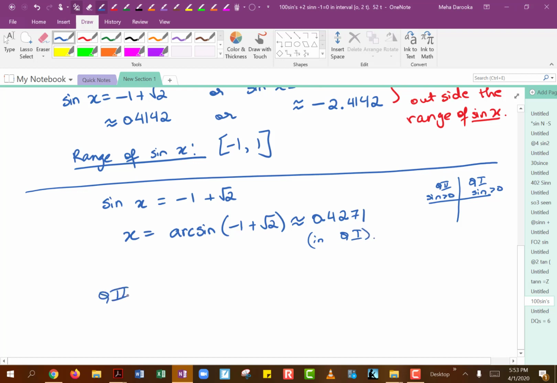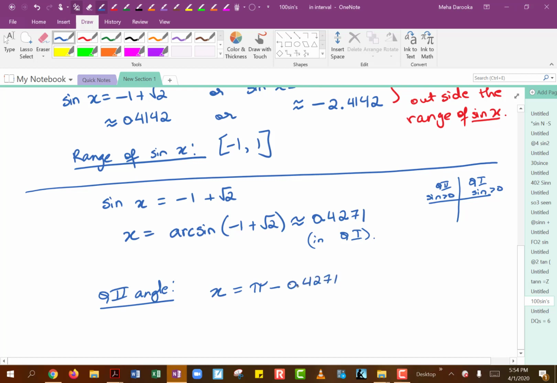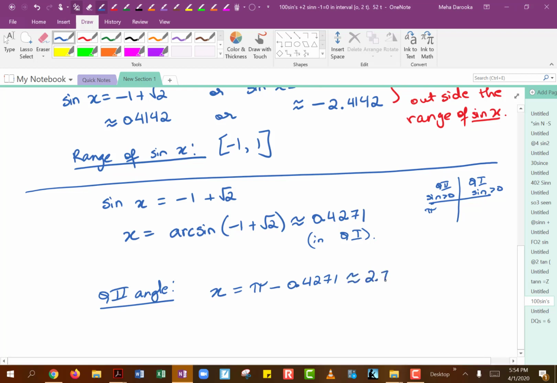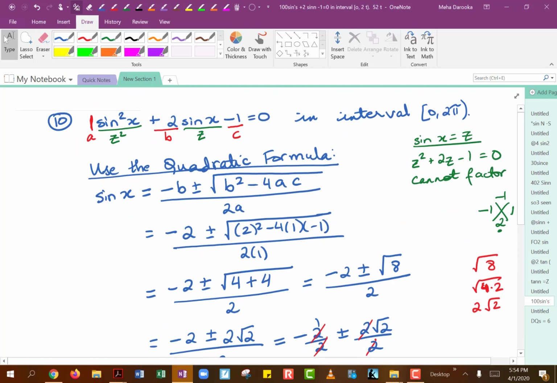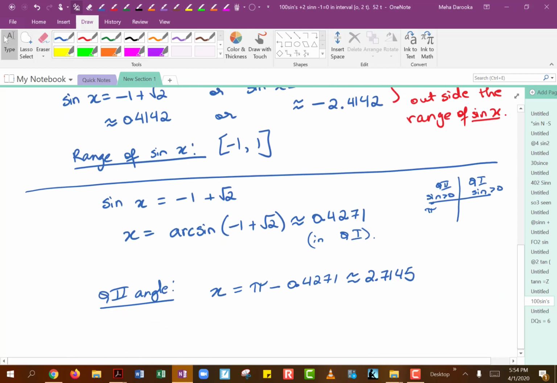Now for the quadrant 2 angle, we can find that by using pi minus 0.4271, because of course the quadrant 2 angle here is pi, so that's what we're using. So pi minus 0.4271, and this angle again will approximately come out to be 2.7145. And we're only looking for angles in the interval from 0 to 2 pi.